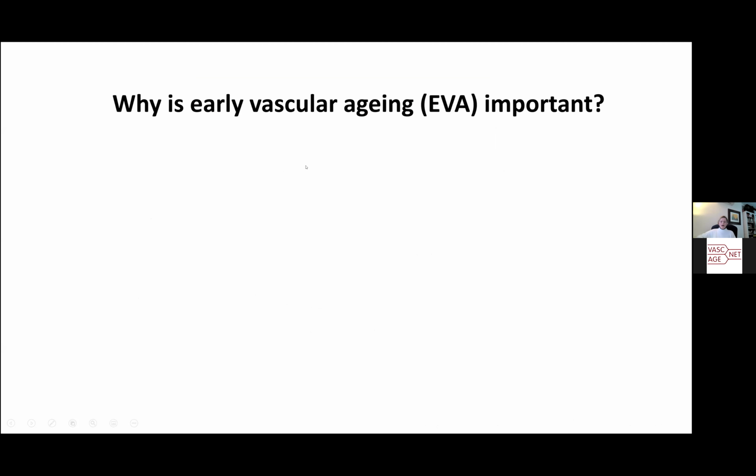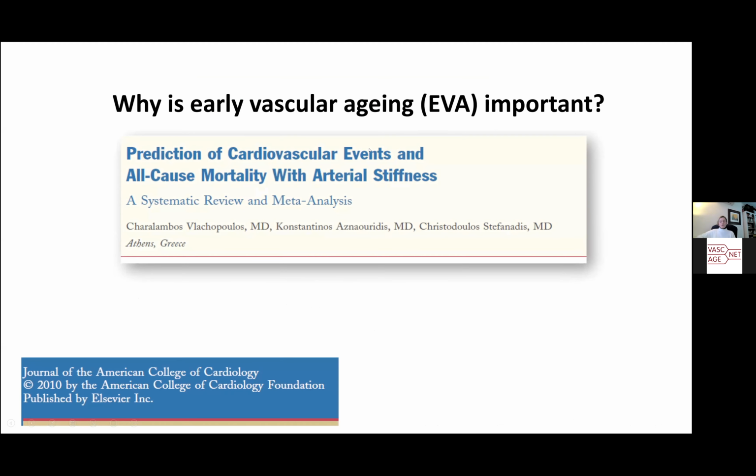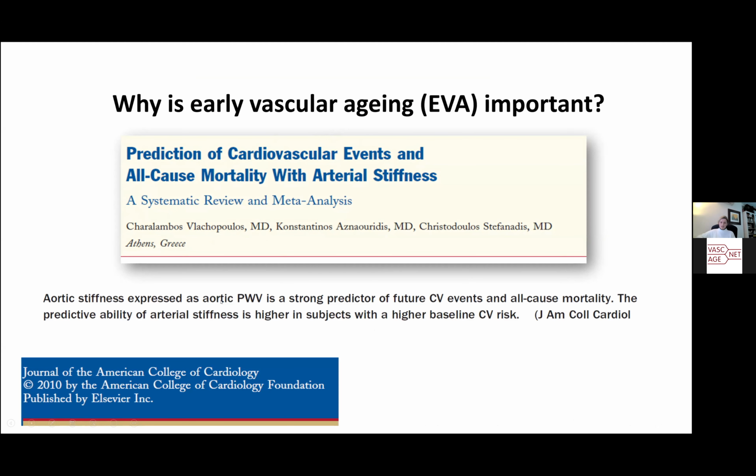So why is it important? It is, of course, important because it's been shown already many years ago. Some of the first ones I've just picked up here was a meta-analysis and systematic review, which referred to the prediction of cardiovascular events and all-cause mortality with arterial stiffness, and where they clearly expressed that aortic pulse wave velocity is a strong predictor of future events and all-cause mortality.